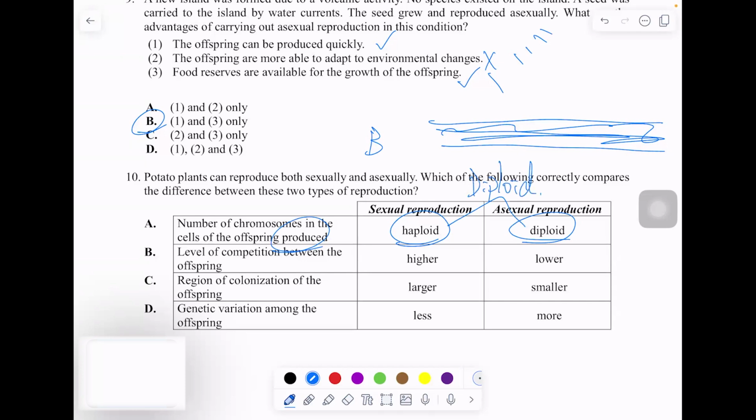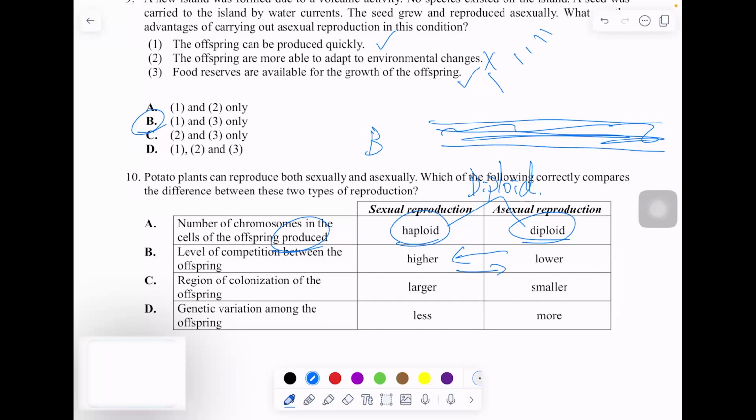Okay, so next, the level of competition between the offspring should not be higher for sexual reproduction; it should be the reverse, because it depends on the colonization, whether it is really packed or not that packed.